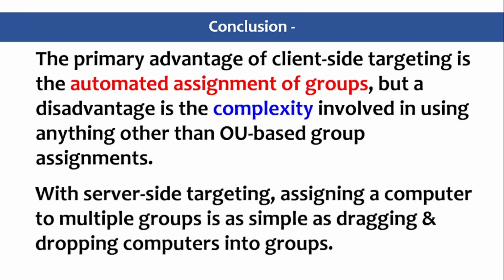And with server-side targeting, assigning a computer to multiple groups is very simple. It's just like dragging and dropping it into a group. But in a big environment, it is not at all recommended to use server-side targeting because there are thousands and thousands of computers.